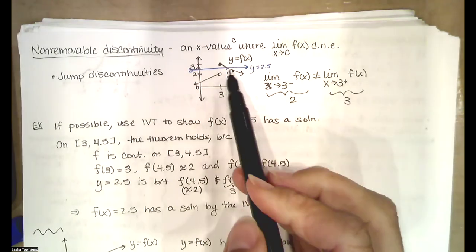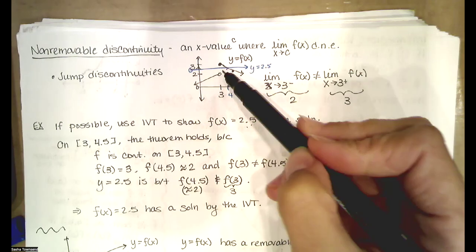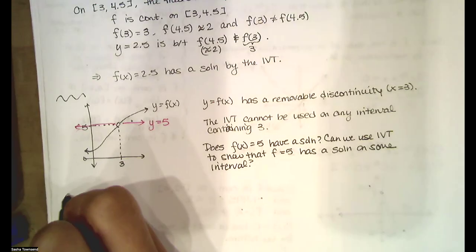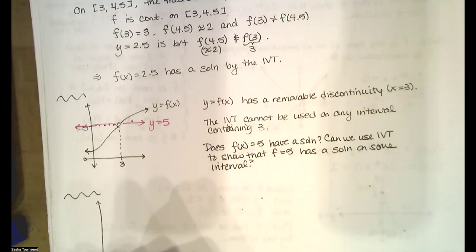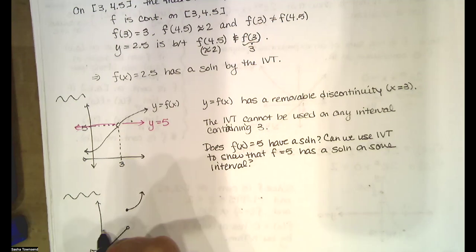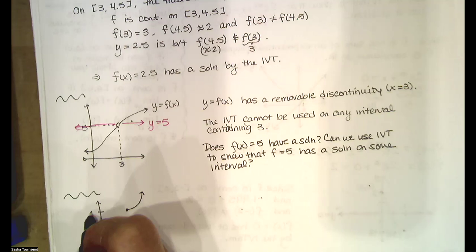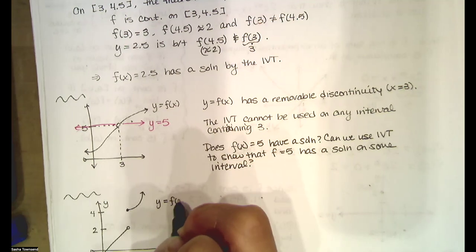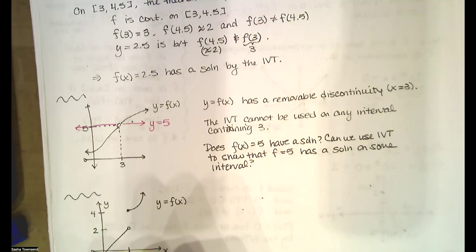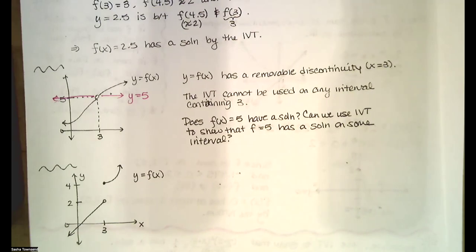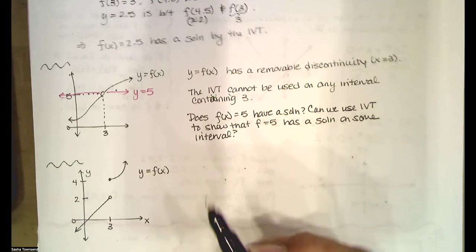Now with the jump discontinuity, we might accidentally skip over the y values that we're interested in. So here's another example. So maybe our graph looks like this. This is 2 and that's 4. So let's say this is x equals 3 as well. Now in this example, x equals 3 corresponds to a jump discontinuity.